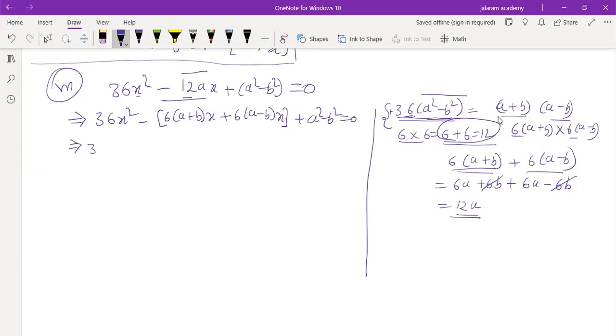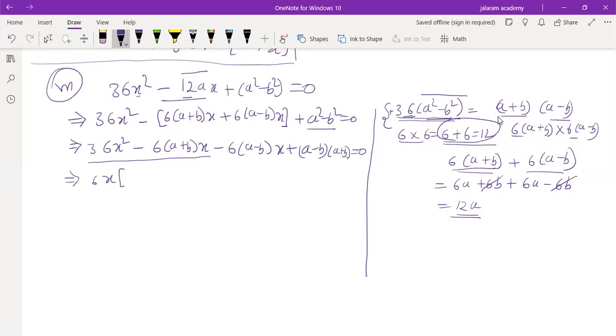As there is minus outside the bracket, we will directly write 6 into a plus b into x. Again, minus into plus is minus, 6 into a minus b into x, plus factorize a square minus b square as a minus b into a plus b equals 0. Okay. Now, the term which is common in the first two: 6 is common, x is common.